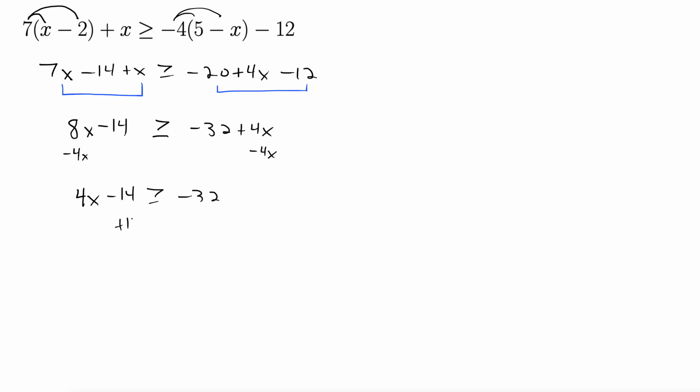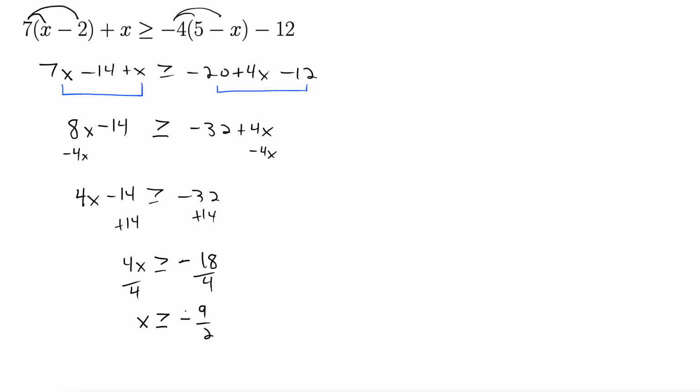And now we can just add 14 to both sides, which gives us 4x greater than or equal to -32 plus 14, I'm thinking is -18. All right, now we're getting close. Divide both sides by 4. This gives us x greater than or equal to -9/2. Right, we can get a 2 out of both 18 and 4.